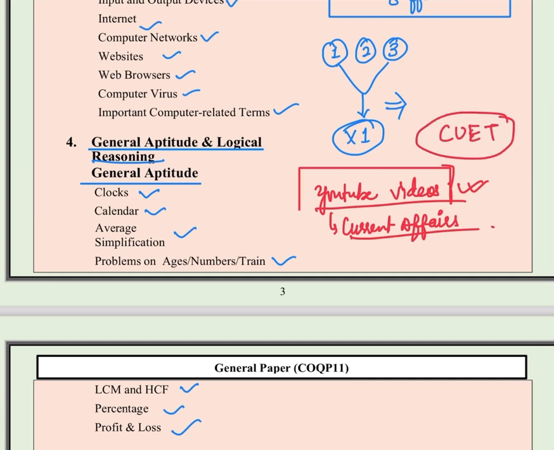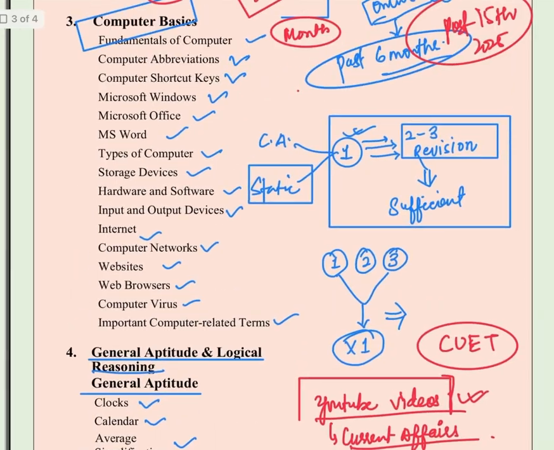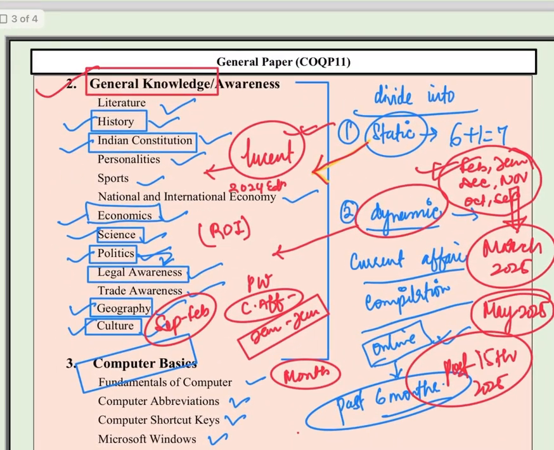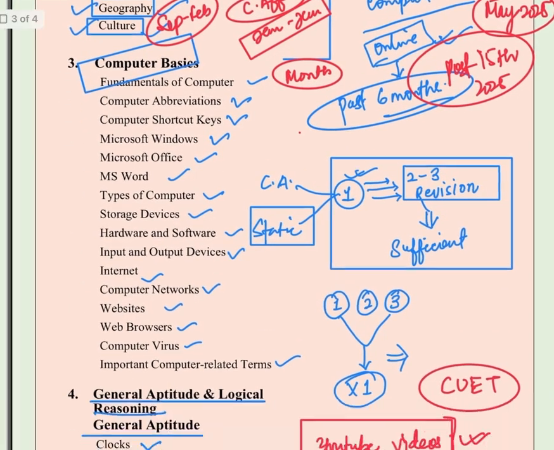Because every CUET student who is going to appear for a UG course has to study current affairs, no? So you can also prepare under them. I hope you understood what I am trying to say here. So this way you will be sorted with the second topic also.